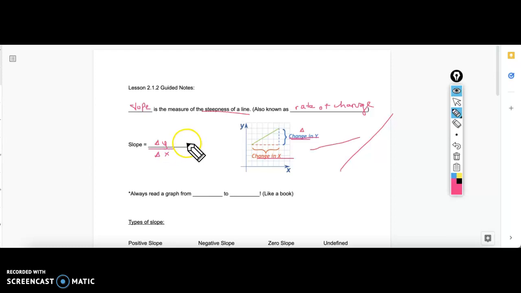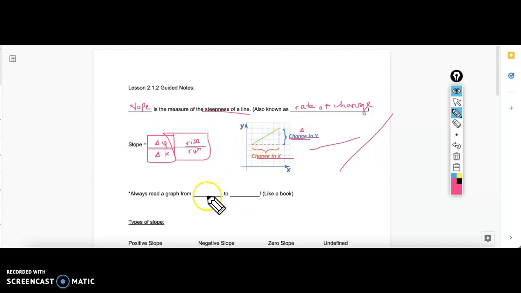Or we also like to say rise over run, because rise stands for our y value because y is up and down, and run stands for our x value, left and right. So rise over run, change in y over change in x. These are kind of like your formulas, the most important thing on this whole entire page, right?